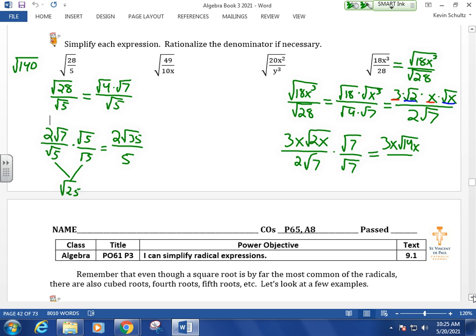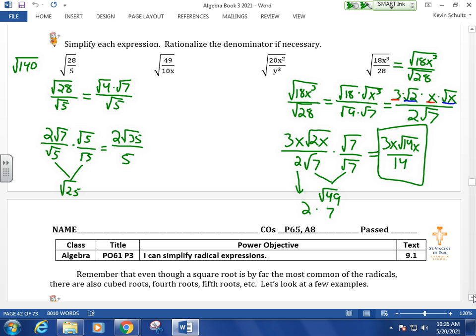And then our denominator, root 7 times root 7 is root 49, which equals 7. But what do we have to remember, Thomas? We have to multiply by 2, right? That 2 didn't go away. And so 2 times 7 gives us 14. Are we done? Yes. In this case, we are. We can't simplify the 14 and the 14. One's under the root, the other one isn't. There's nothing else in the denominator we can cancel out. This would be your final answer.